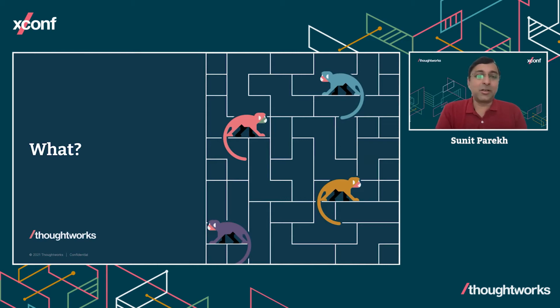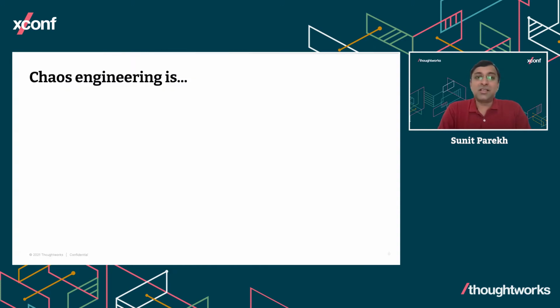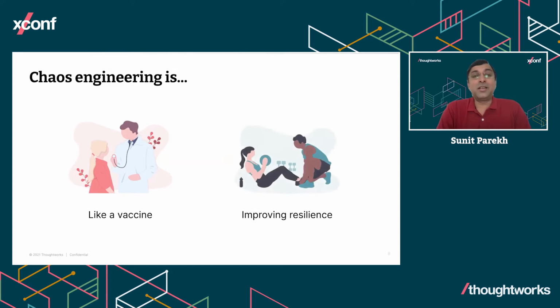Now, to understand chaos engineering better, let's first look at what chaos engineering is. Chaos engineering is like a vaccine, which helps you prevent disasters in production and build a resilient system, improving your resiliency by testing all the different scenarios which can go wrong in production, which generally you are unable to reproduce in the normal setup or normal development cycles.